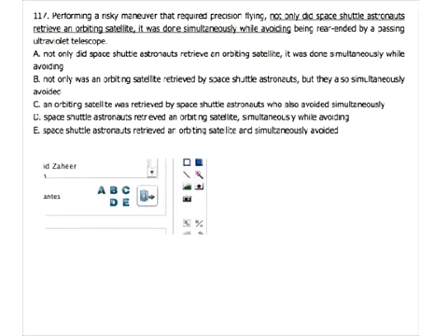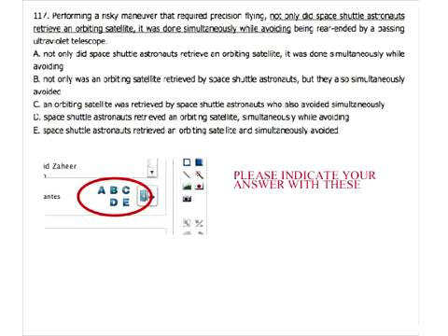You should see these choices that are A, B, C, D, and E. Please do not indicate your answer in the text box. Please indicate your answer with these polling buttons. Thank you. Okay, here's a timer. Go for it.